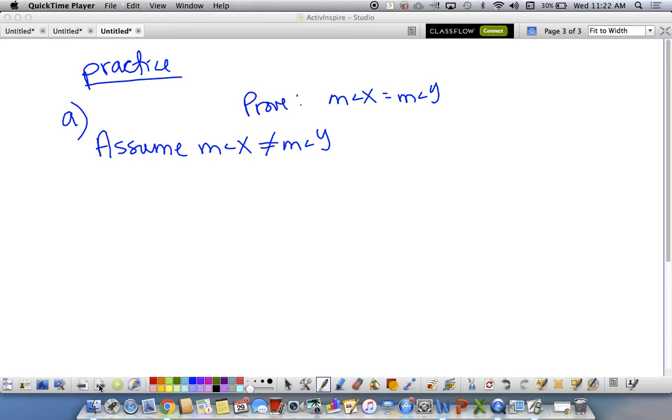Letter B. What does letter B say? Somebody read it for me. Make the assumption you would make to start an indirect proof to show that AB is perpendicular to BC. So just the first line again. What assumption would you make? So if we want to prove AB is perpendicular to, was it BC?